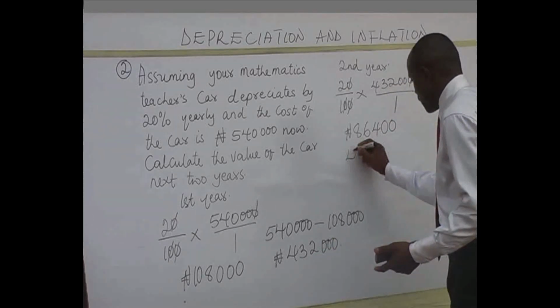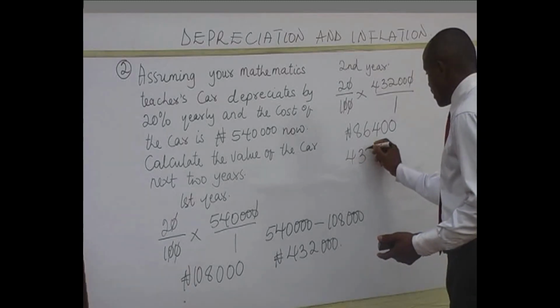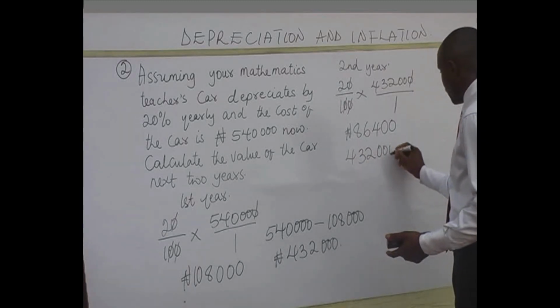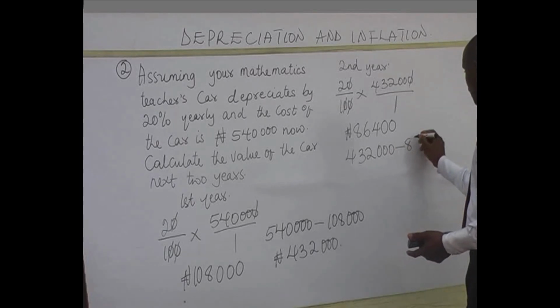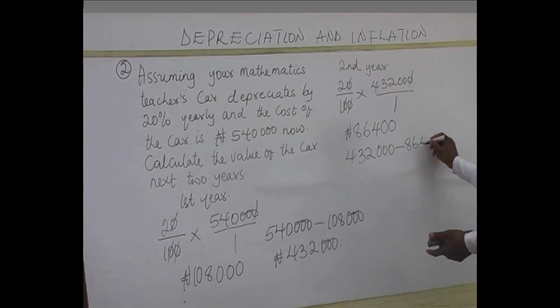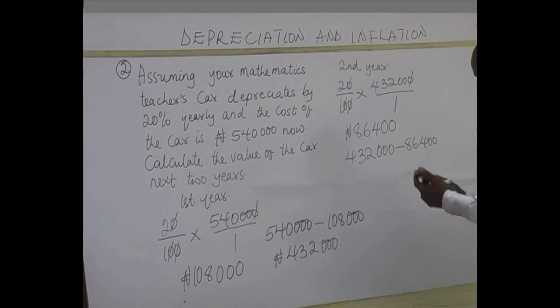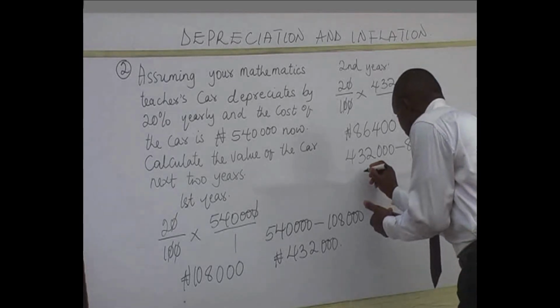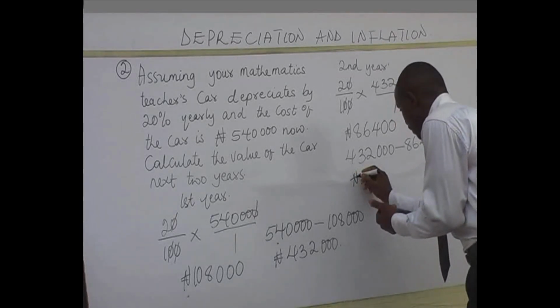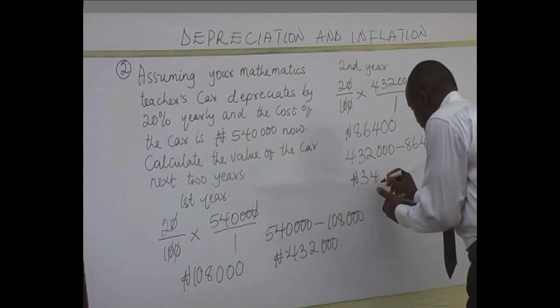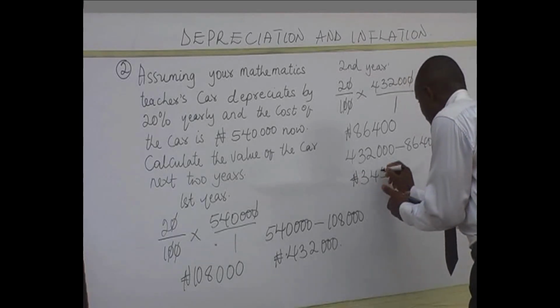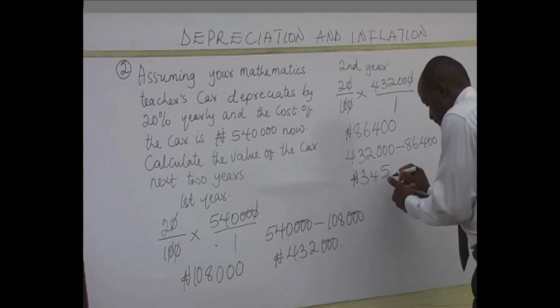So you have 432,000 minus 86,400. 432,000 minus 86,400 is giving us 345,600.